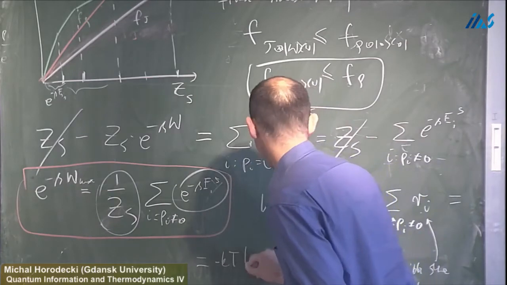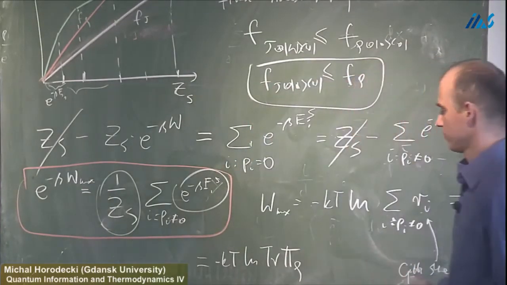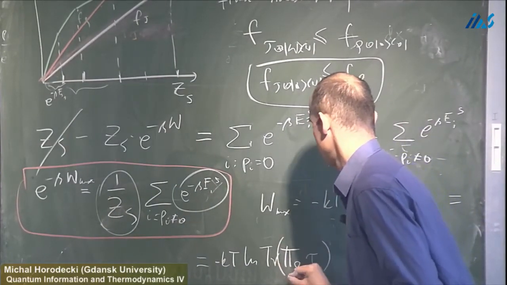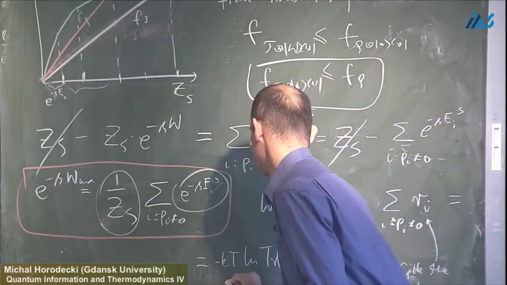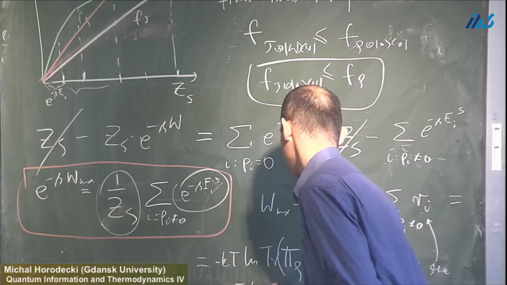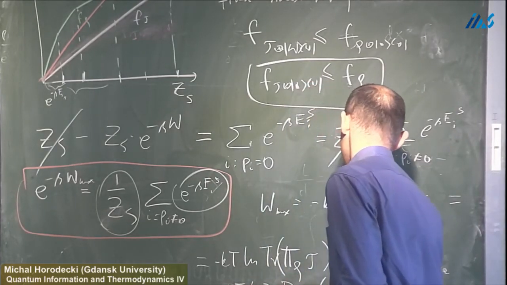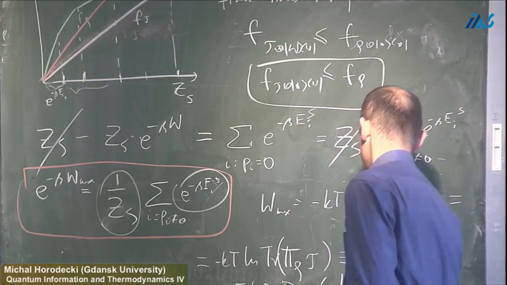So it's precisely the trace, and you put here the projector onto rho, right? And then you put here the Gibbs state. So it is precisely the minus kT. And if you want to have the information-theoretic mean relative entropy, then you simply, so it is defined by definition.